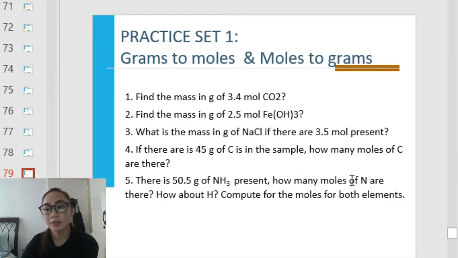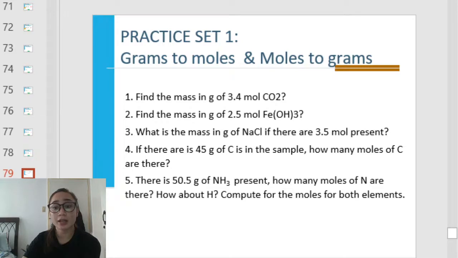So, how many moles of N are there? So, basically, you have given tayo na 50.5 grams, meron tayong N, and you have to find the moles. So, same lang din to nung formula ng number 4. And sabi dito, how about hydrogen? So, ganun din formula, same formula with number 4. So, compute for the moles of both elements.